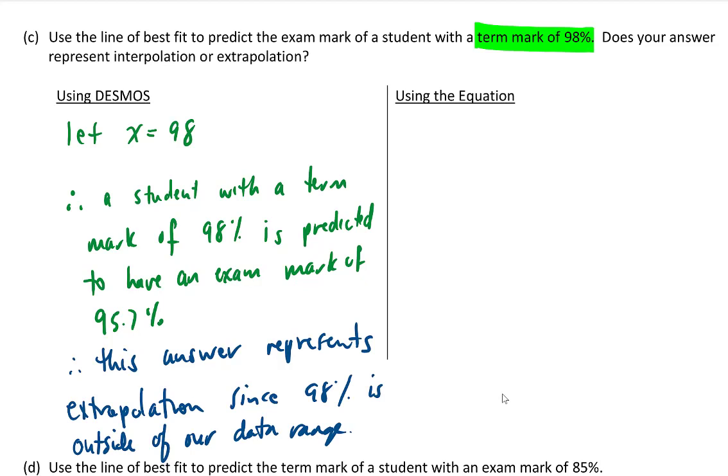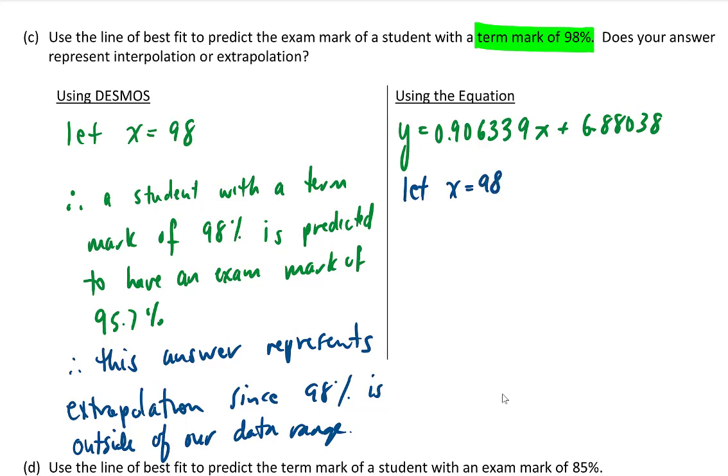A second way to do this now is to use the equation. So recall from above that we said that y was equal to 0.906339x plus 6.88038. Same as what we did using Desmos, we're going to let x equal 98.